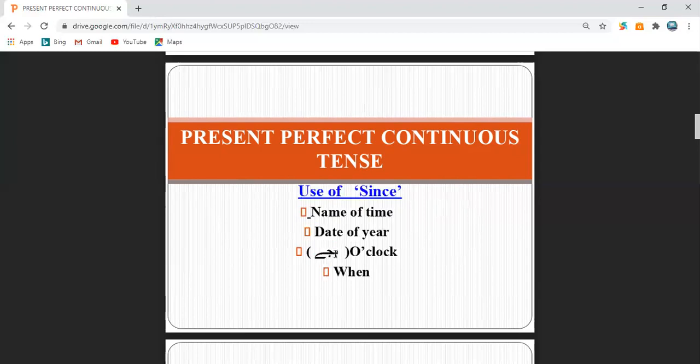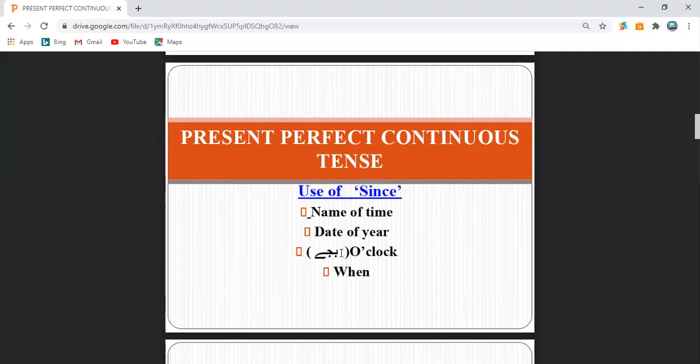And when baje is present in Urdu sentence, no baje se kaam kar raha hai. Baje is called o'clock in English. Okay, baje is called o'clock in English. And when baje is present in Urdu sentence, then you have to write since in your sentences.